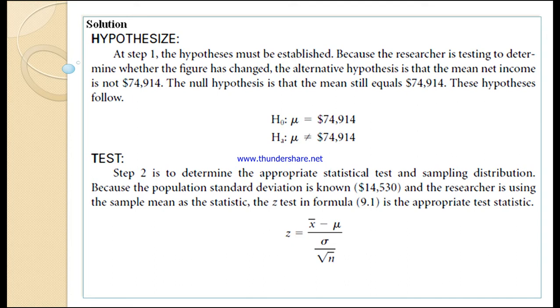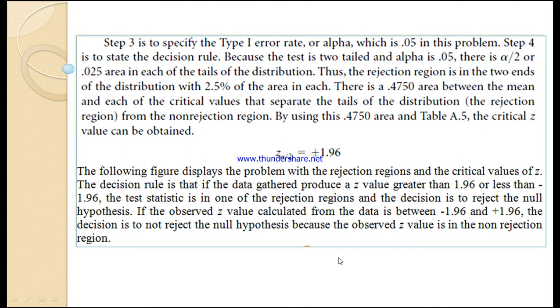Therefore, we apply the test formula, which is Z equals x bar minus mu all over sigma divided by square root of n. Step number 3 is specifying alpha or type 1 error rate, which is in our case 0.05.